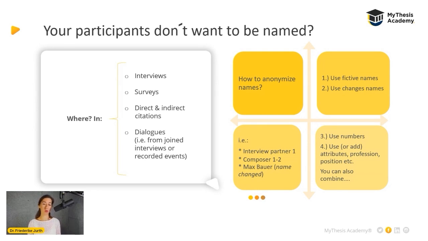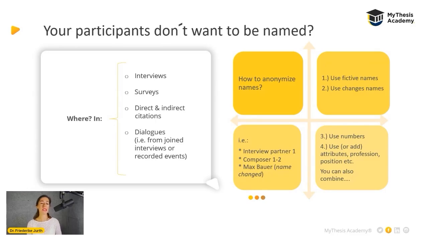For example, one possibility is that you use fictive names or changed names. So this means that you don't provide the real name of the person, but you keep the quote, the passage, as it is.